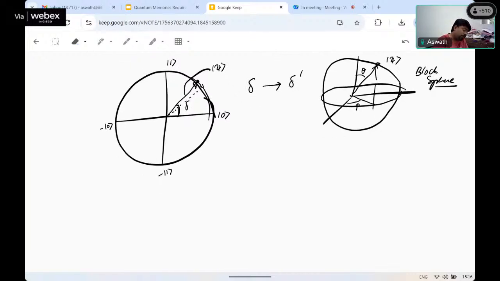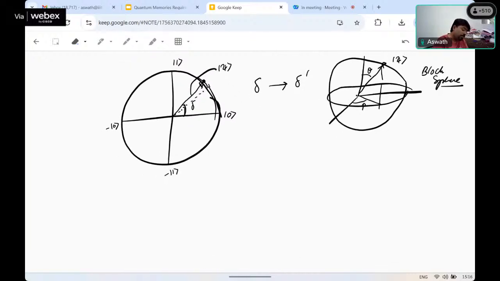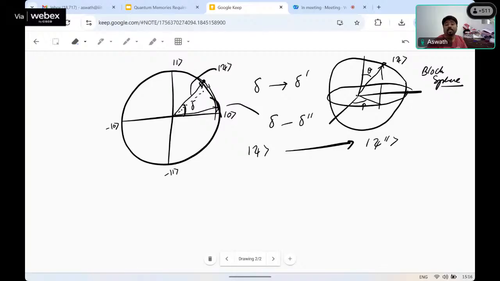But if delta becomes very, very different, with a lot of difference, then I would say the quantum state we stored has become an unacceptable quantum state. Remember, that's still a quantum state, but it has gone out of range.